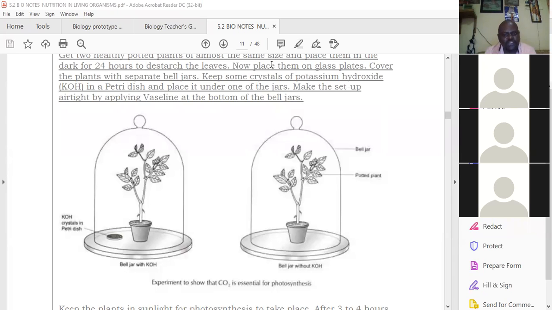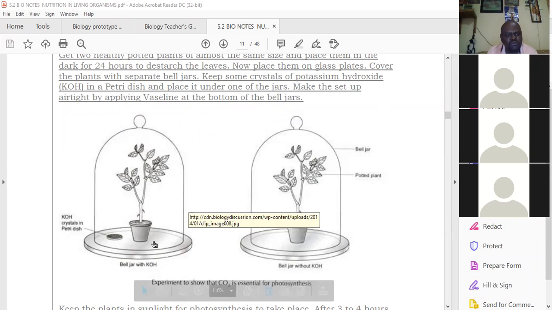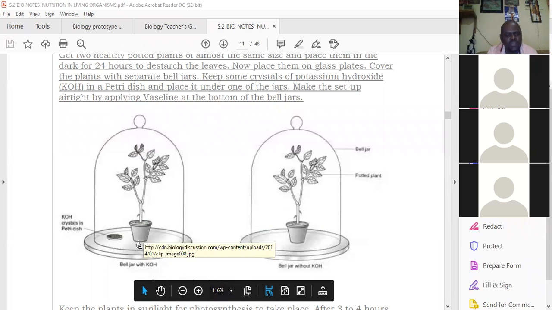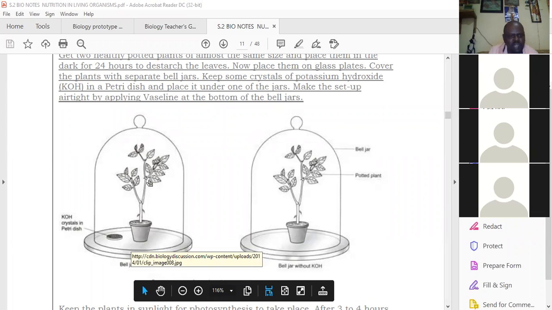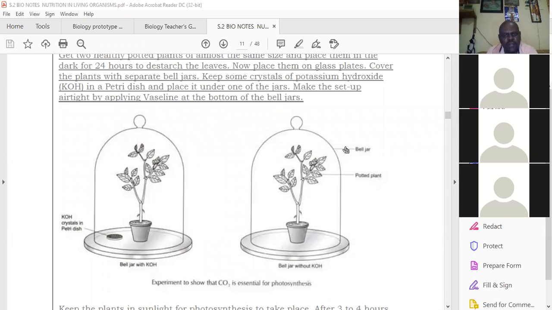So that we see what happens to the plant where there was carbon dioxide and the plant where there is no carbon dioxide, because in our experiment we want to see if carbon dioxide is essential for photosynthesis. So we must have a plant where there is no carbon dioxide. That is our main issue here. Is carbon dioxide really essential? So we remove it and we see if this plant will carry out photosynthesis. Then in the other case, we ensure carbon dioxide is there.